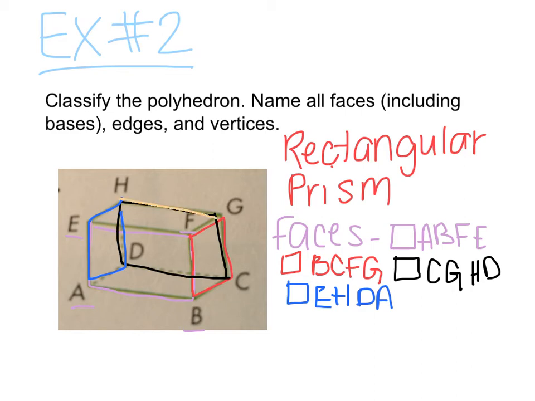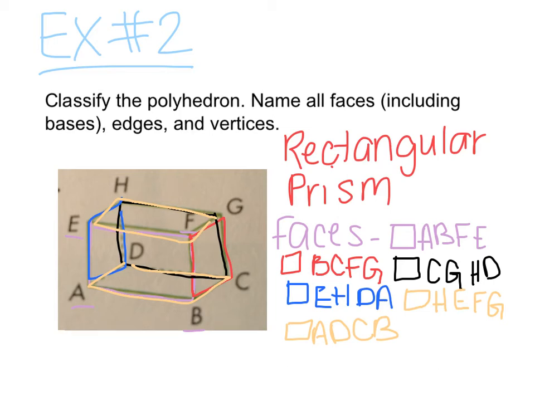So here's our top and our bottom. And I'm just going to name those points as well. So H, E, F, G. And the last one, A, D, C, B. So your faces are how many sides you should have. So you should have 6 different sides.